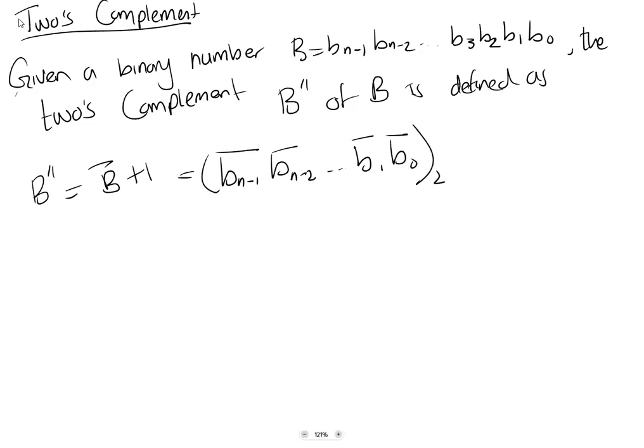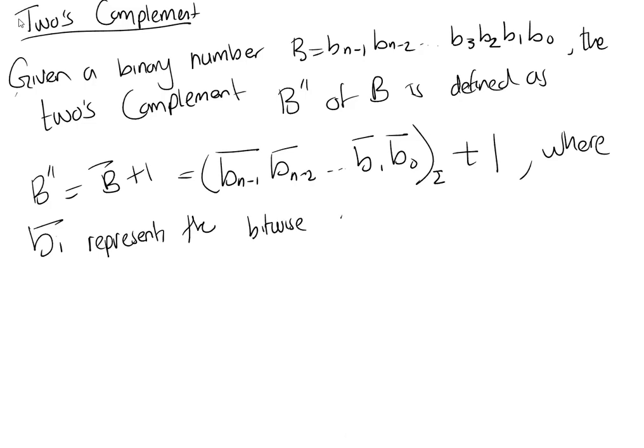This is all in base 2, and you add 1 to that, where the complement represents the bitwise NOT operation.